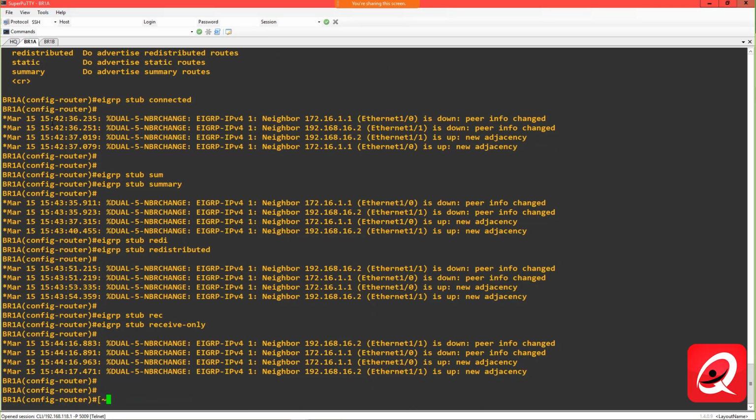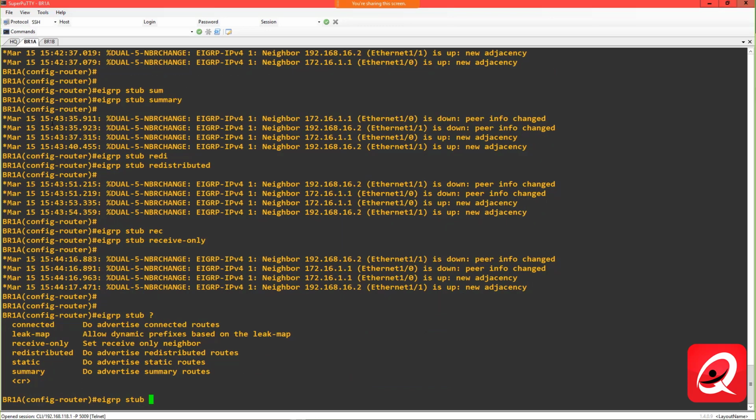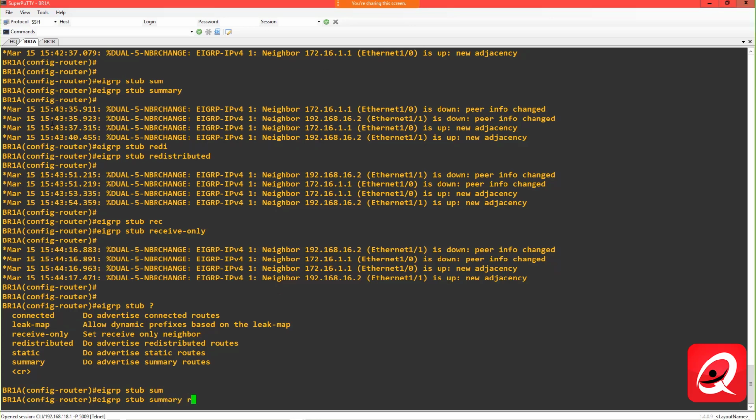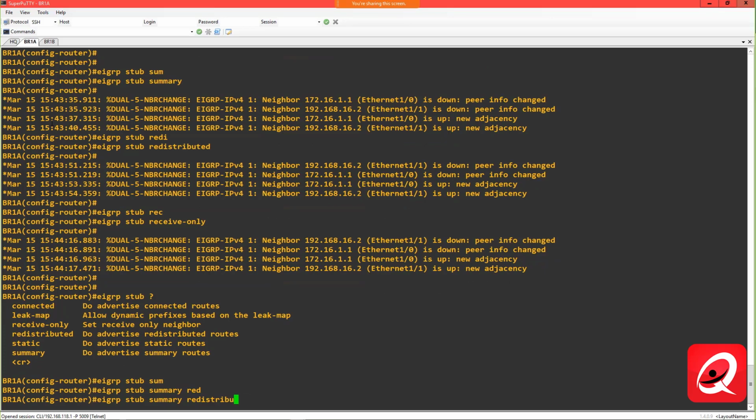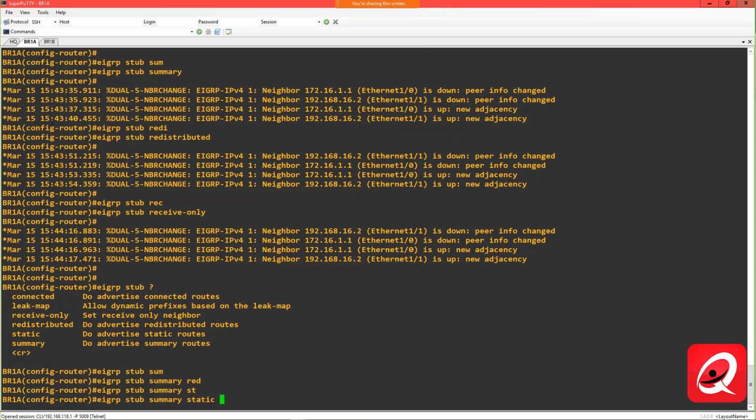Like I said, the option that you choose really depends on what your overall objective is. So on the lab, they might say, I only want to send receive-only routes. I only want to send summary routes and redistributed routes. So you would just do summary redistributed, okay? Or I only want to send summary routes and any route being redistributed into EIGRP statically.